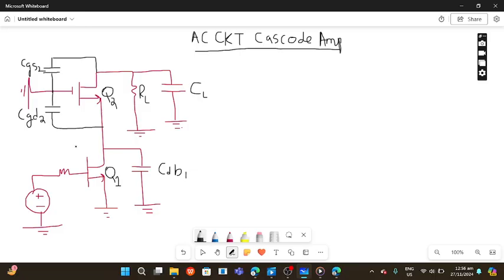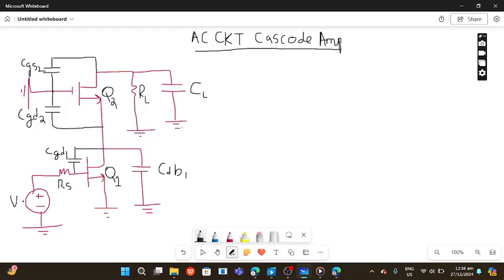Here again CGD, but it is CGD1. This is named as RS.